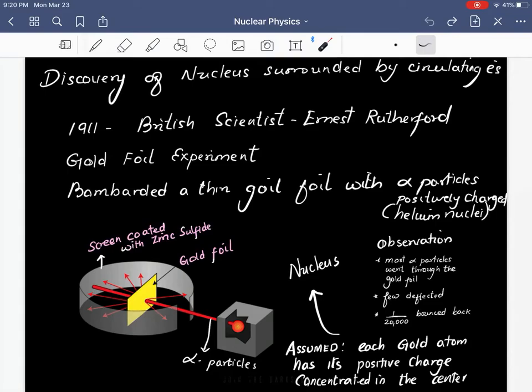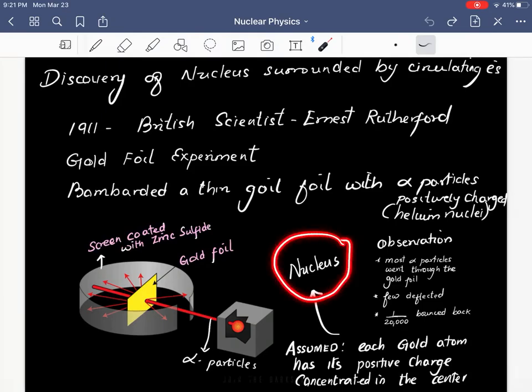Okay, Rutherford found that the vast majority of the alpha particles went through the gold foil as if it were not present. A few of the alpha particles deflected back, and about 1 out of 20,000 alpha particles bounced back. Rutherford could only explain this behavior by assuming that each gold atom had its positive charge concentrated in a small core rather than distributed throughout the atom.